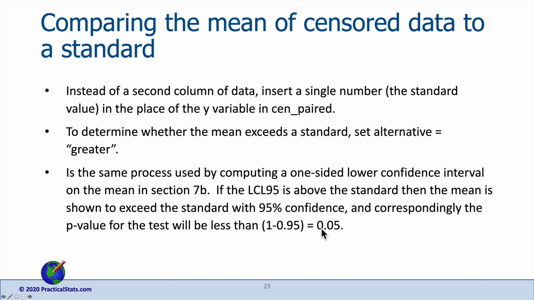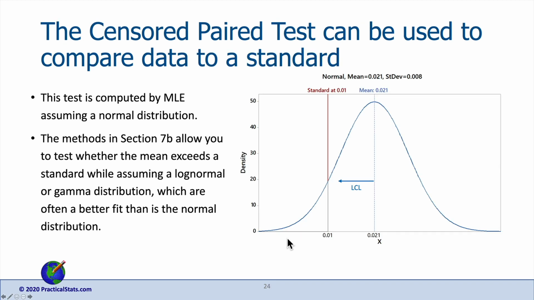The alpha level in a test is directly related to the confidence in a confidence limit. So here's a picture where you have a mean and the LCL going down, a one-sided limit, and it is above the value for the standard here, and so we would say that the mean has been shown in a statistical sense to be higher than the standard.